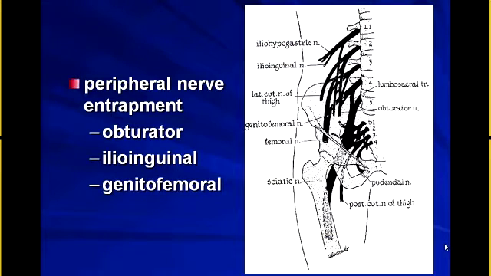Just to go back to peripheral nerve, the other one that's very common in this area is the lateral femoral cutaneous nerve of the thigh, and it supplies a patch of skin on the outside of the thigh, so it is a sensory nerve. It travels under, or on top of, the inguinal ligament, but right by the ASIS, and its claim to fame is on the rise because so many teenagers are wearing very tight-fitting, hip-hugging jeans.